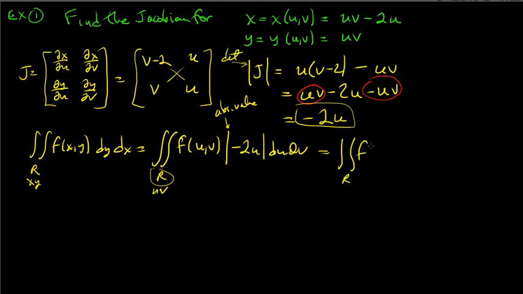These are integrals here, f of u and v, and yep, so 2 times u times du times dv. So that's the dA in the coordinates u and v. Yeah, so that's how it works, right?